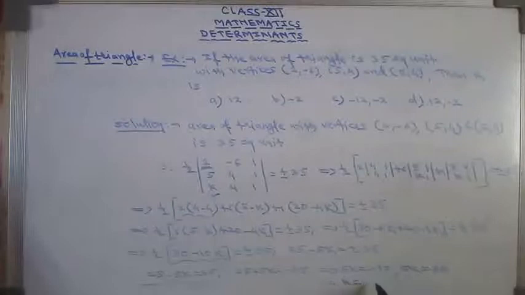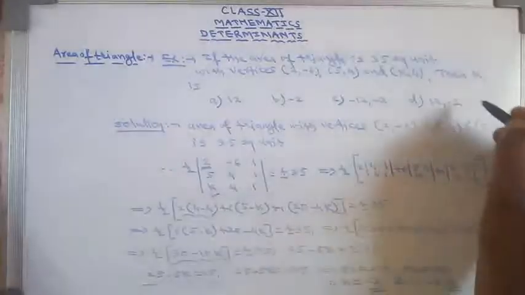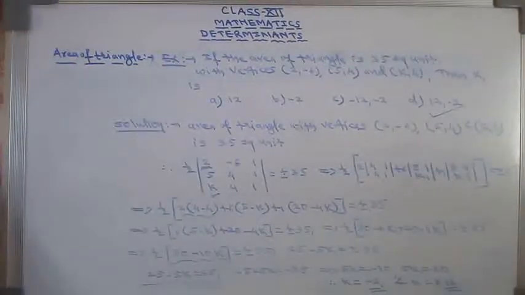Therefore k equals minus 2, and k equal to 12. So minus 2 and 12 is the correct answer. Here it is 12 and minus 2, so this is the correct answer. Okay student, thank you.